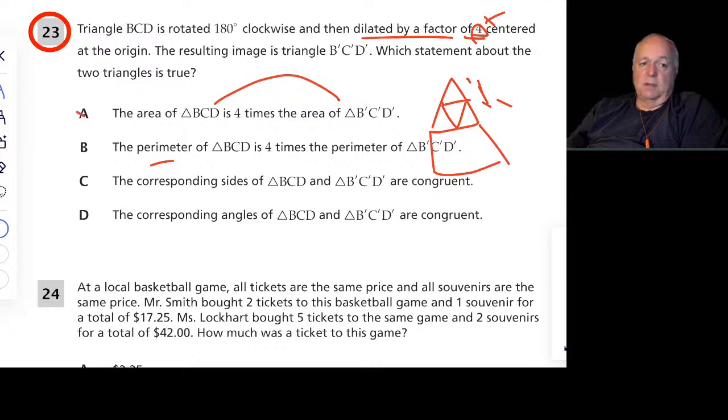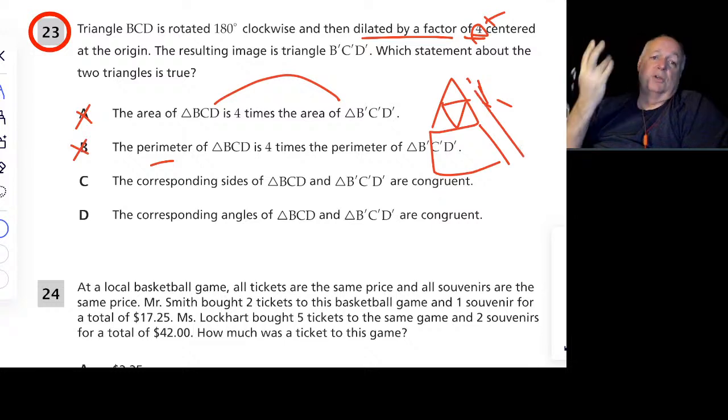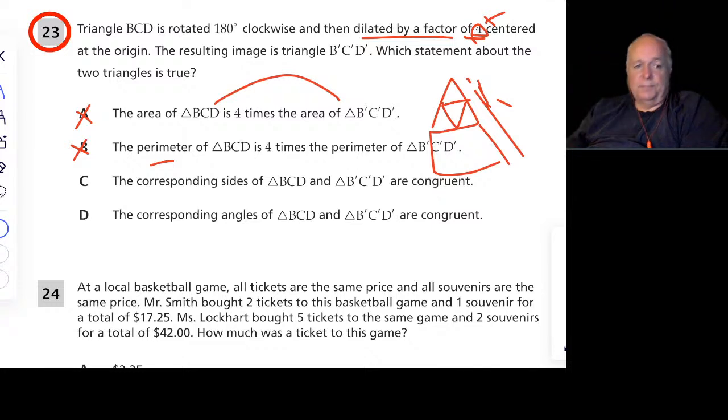And then if we look at that notion that the length of the side is 4 times bigger, in that case it would be 4 times the perimeter, but of the other triangle, in reverse. The corresponding sides are congruent. No, the length of the sides would be different. Congruent means the same size and the same shape, so it's not that. And the corresponding angles are congruent.